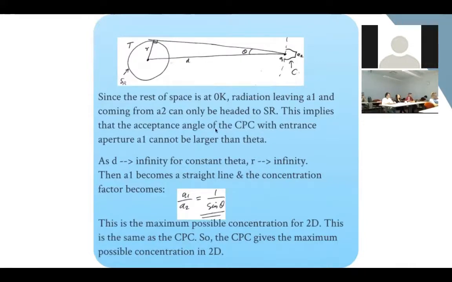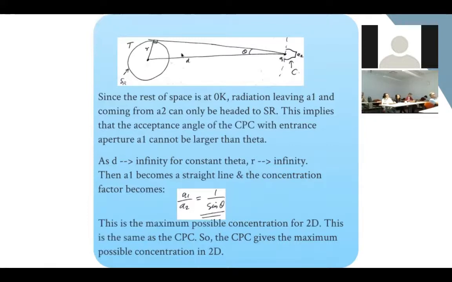This implies that the acceptance angle of the CPC with entrance aperture A1 cannot be larger than theta, right? So exactly the same thing. In other words, any radiation that is escaping from A1, there's nowhere else it can go other than this source. So the largest extreme ray that will escape from here is the edge ray here, the acceptance angle of theta.